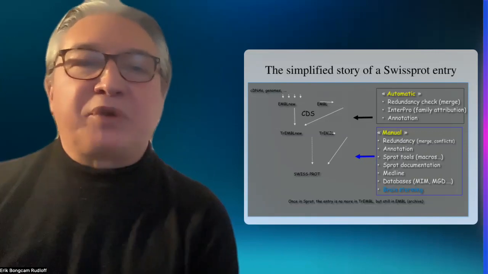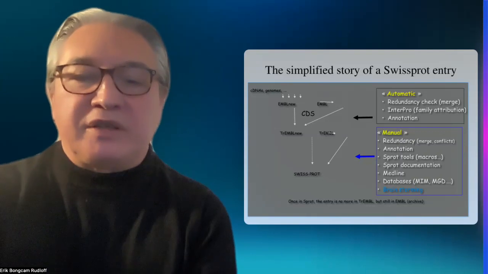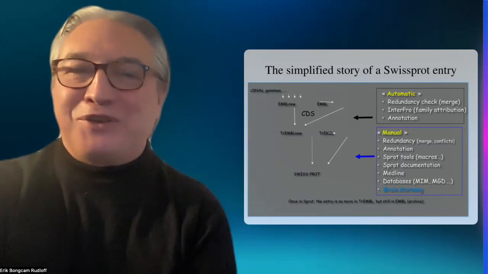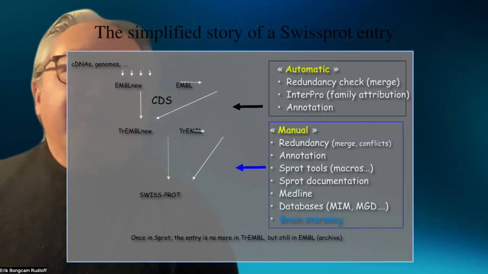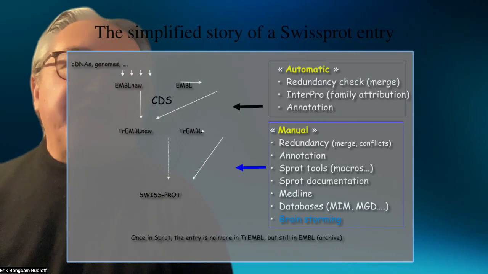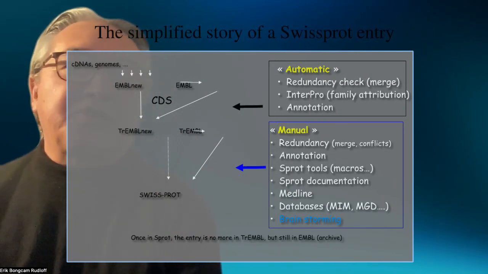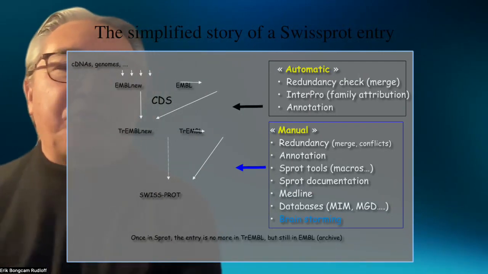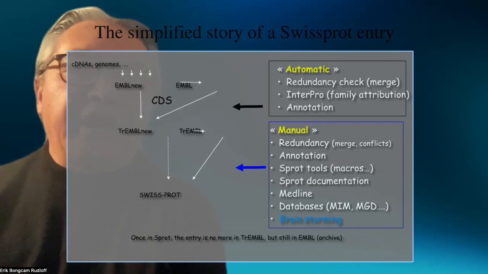But on the level of proteins, it's different. You can see in this schedule here, which many people don't know about, so it's kind of exclusive for you, the life of a sequence. Let's say you are working on a very nice project and you isolate a new sequence. You put that on ENA because you want to publish. As you see there, where it says cDNA genomes, that will go to the EMBL or ENA.